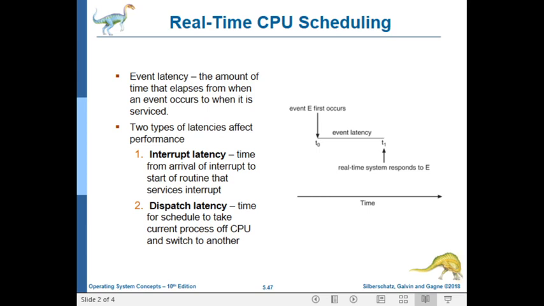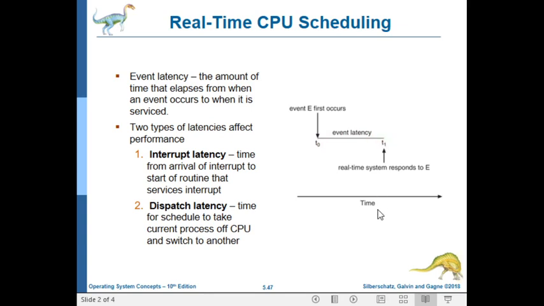When an event occurs, the system must respond to and service it as quickly as possible. So we have event latency, which can be defined as the amount of time that elapses from when an event occurs to when it is serviced.